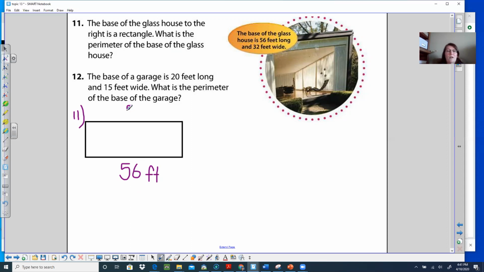That means this side also has to be 56 feet long. "32 feet wide." So my shorter sides, I didn't really draw it to scale, it's looking a little skinny, is 32 feet. Now remember, opposite sides are equal and parallel. I didn't really leave myself the most amount of room, so I'm going to write it over here. Hopefully you left yourself more room on your picture.